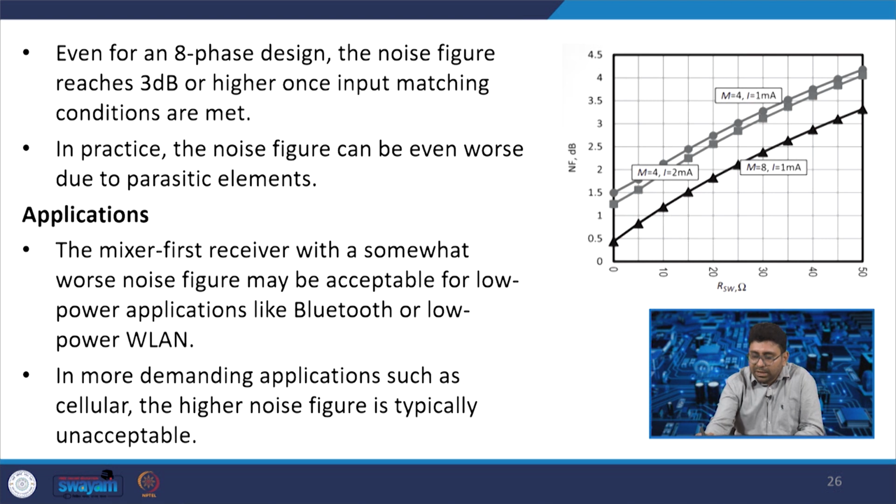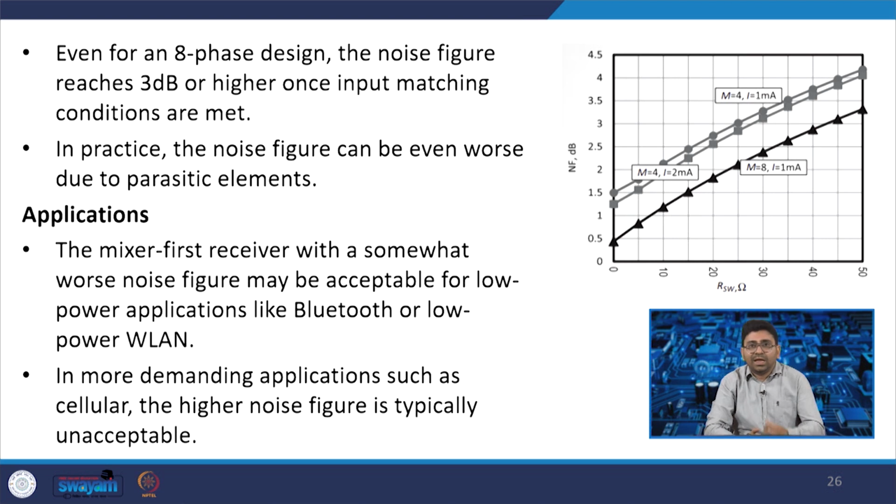So if we consider around 50 ohm, and if m is equal to 8, it still reaches a 3 dB noise figure or higher once the input matching conditions are met. So in practice, the noise figure can be even worse due to the parasitic elements that are not considered here.